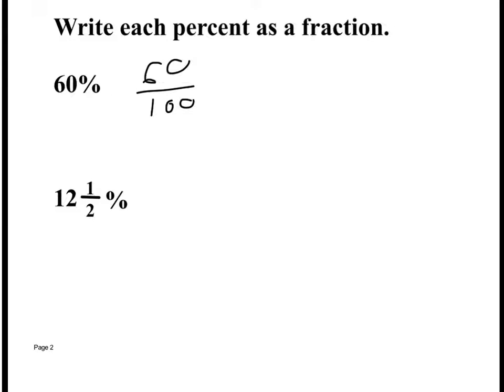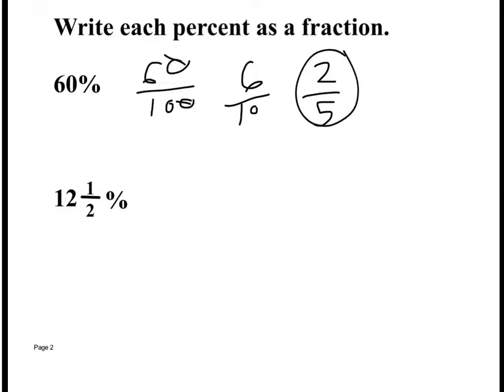Remember, because a percent is a ratio of 100, and then reduce it. 6 over 10. I can reduce that to what? 2/5. So anything like 60 or 50 or 40, 25, 99.